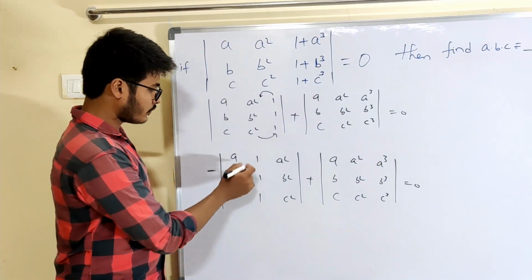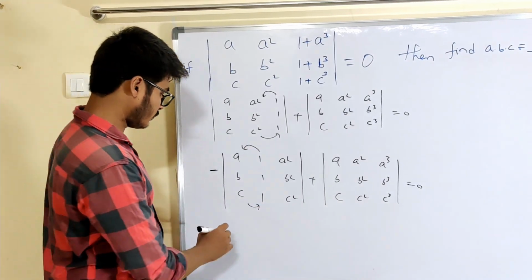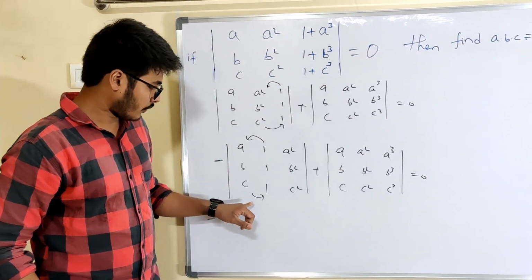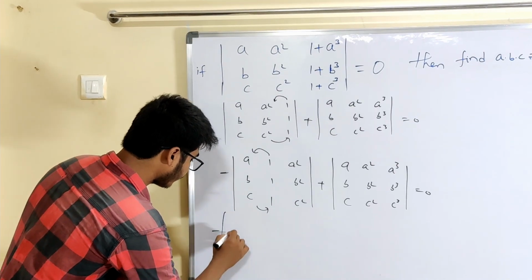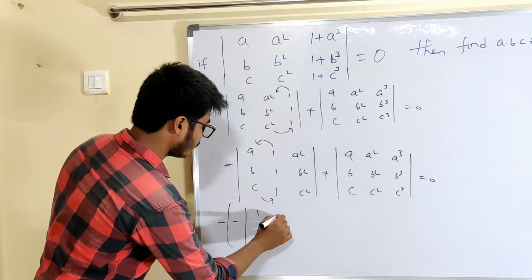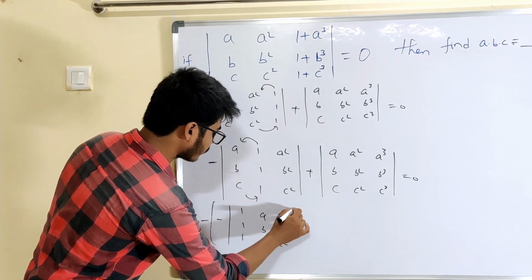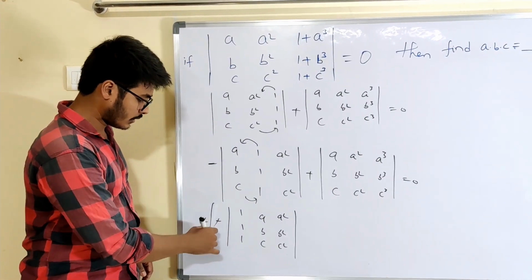Now we interchange these two columns. So here the sign of the determinant again changes. So minus, 1 1 1, a b c, a square b square c square. Here minus and minus will get cancelled out.